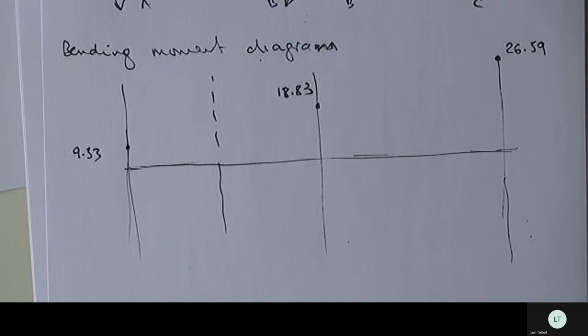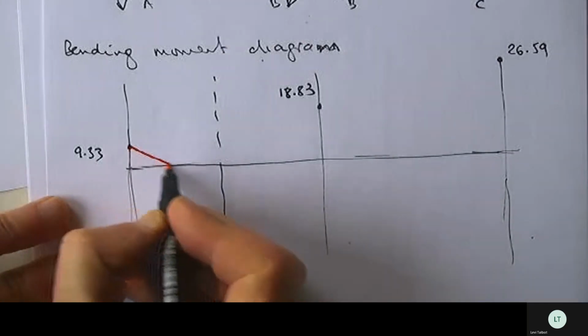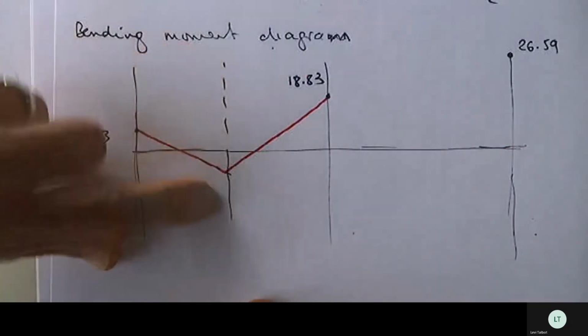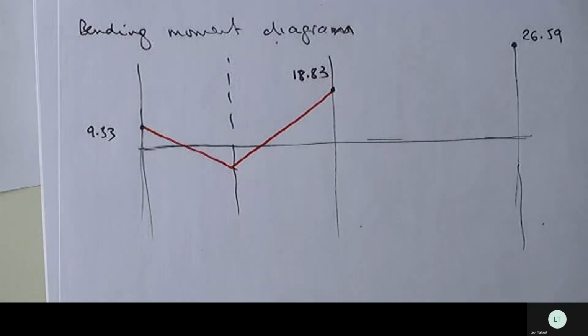Linear. If you have a concentrated load, the bending moment diagram is linear. So from there, you've got a linear diagram like this, because you've got a load in the middle there.